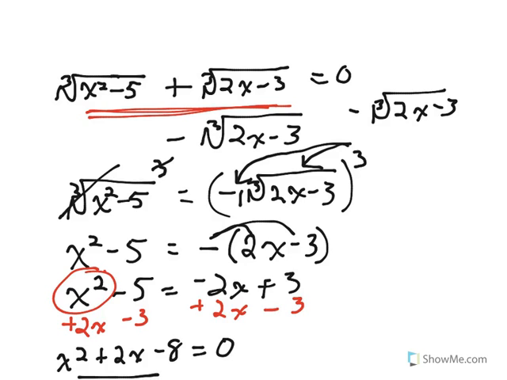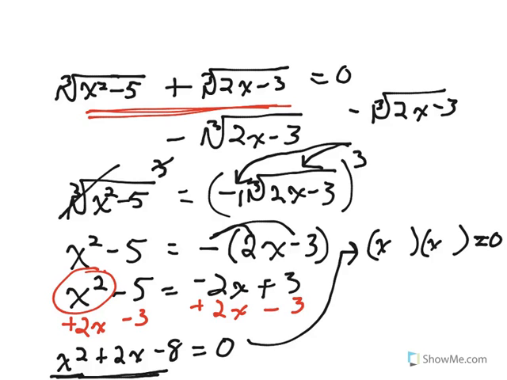Since we have a quadratic equation, we need to factor that by setting down our two sets of parentheses and setting it equal to 0. The factors of x squared are x, and the factors of negative 8 that, when we add them, give us the positive 2 in the middle, would be a positive 4 and a negative 2.